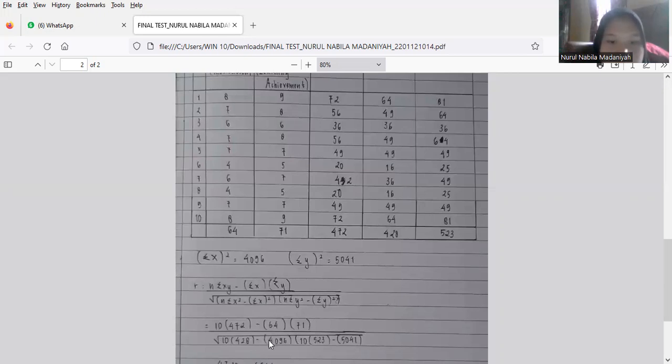Minus 4096, I get it from this. And like this, 10 I get it from here, and then 523 I get from this, and 5041 I get from this.